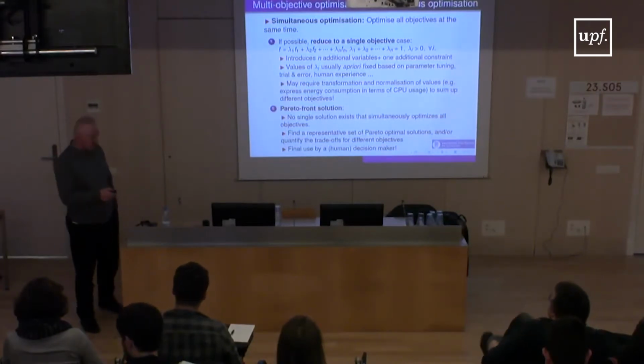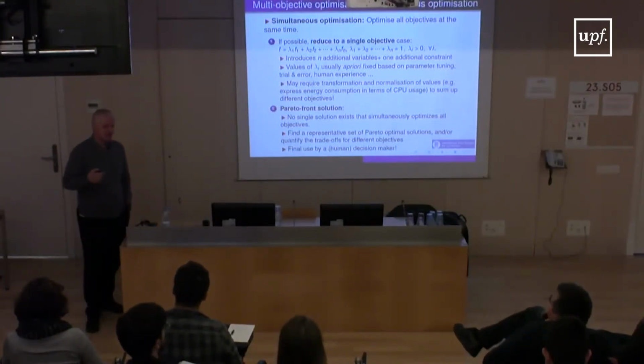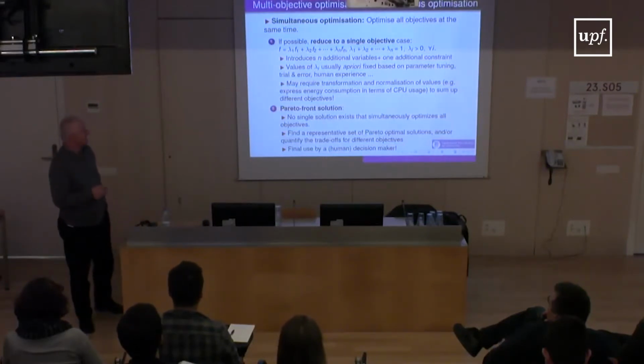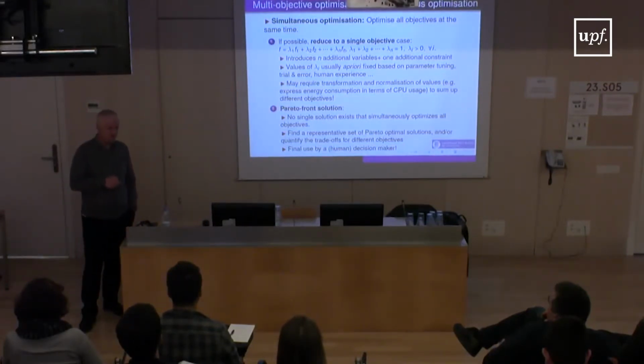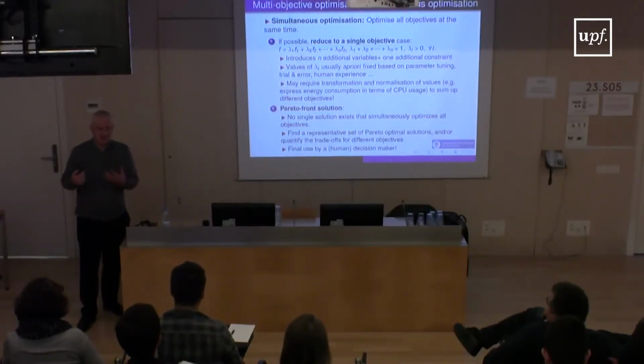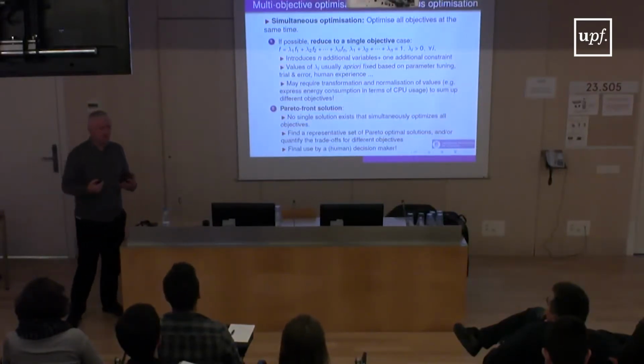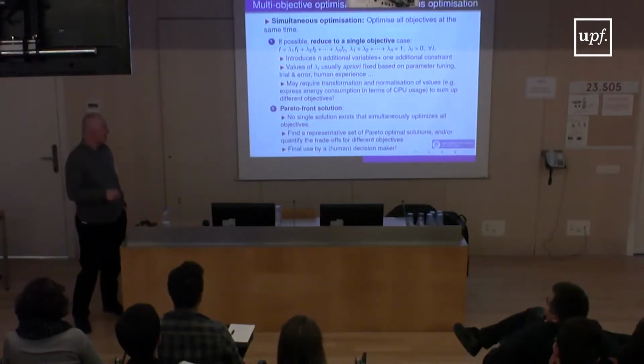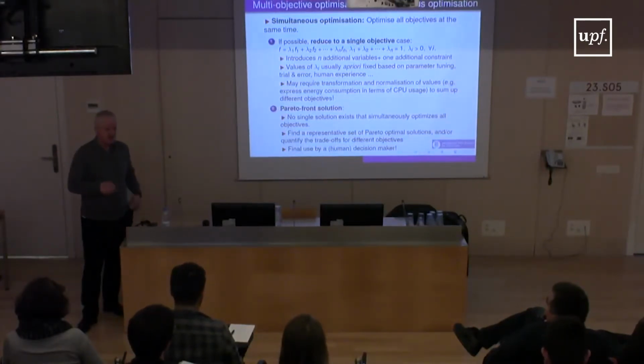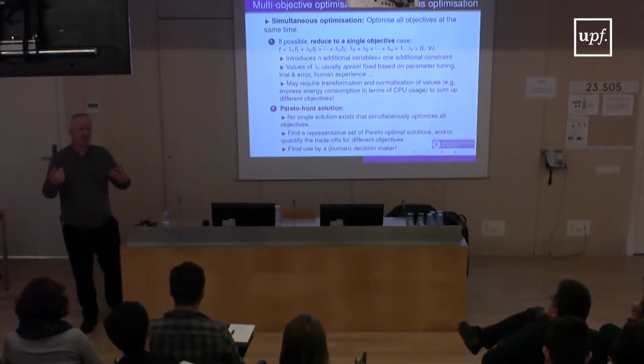The other problem, and actually this is the most difficult point to solve here, is whether it is possible to sum up n functions. It's not always possible. You have to sum money with time, or you have to sum CPU with watts, right? So you have to sum seconds with something else. The different objectives are not measured with the same unit. So you need to find a way to transform and normalize the units of different objectives so that you can sum them up.